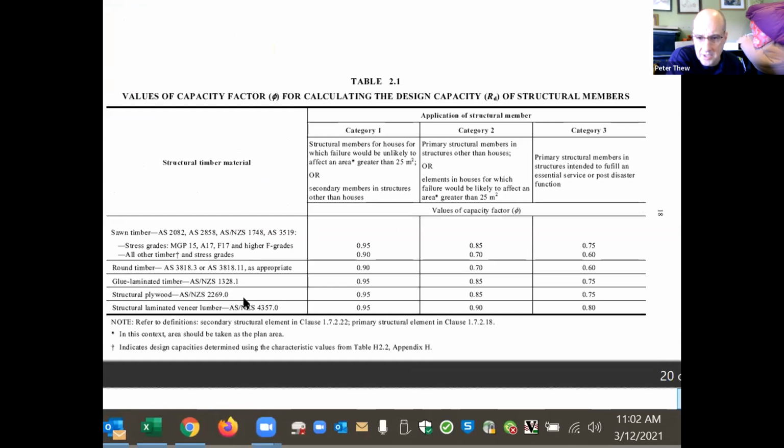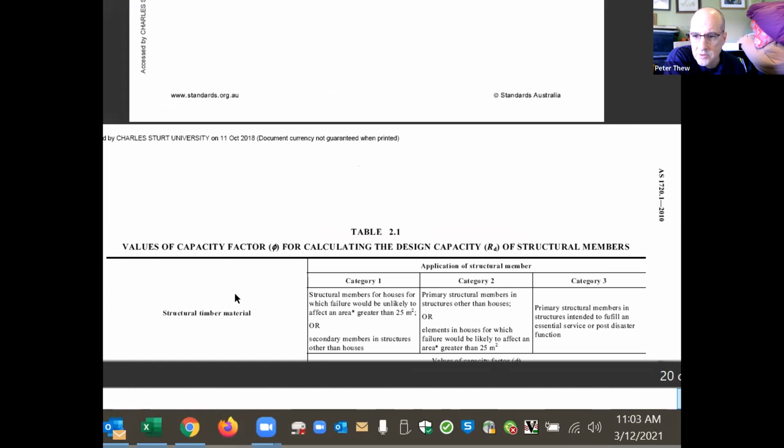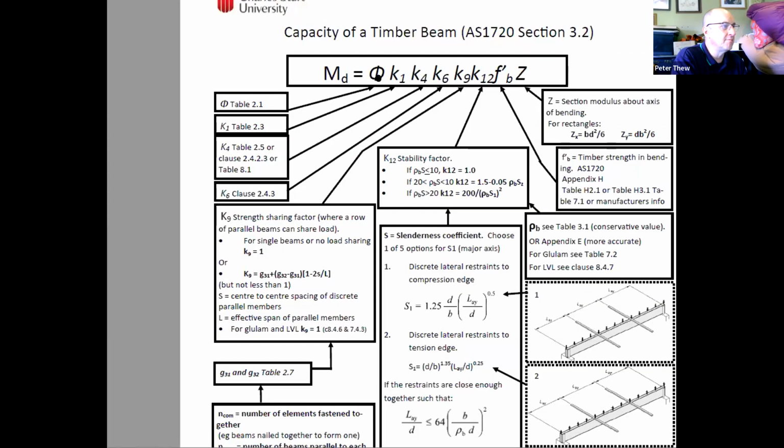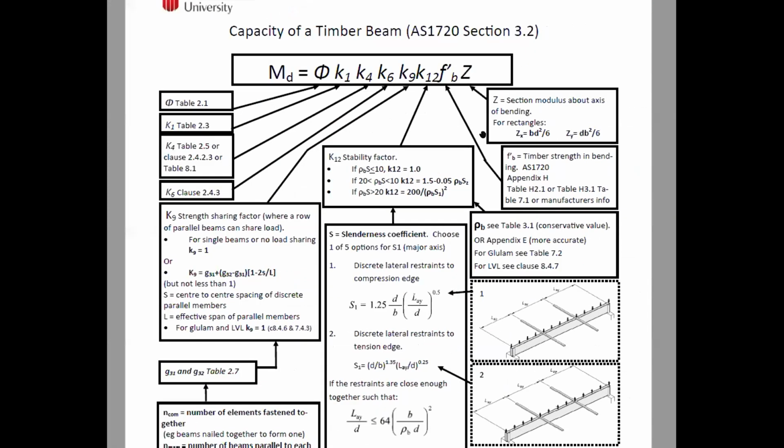So for MGP structural members, depending on whether it's a primary member or not, you'd use values ranging from 0.95 to 0.6. We're going to use 1 because we don't want any capacity reduction. We want to predict what the timber beam is going to do. So we're going to use 1 for that. And so it makes all the maths pretty easy.